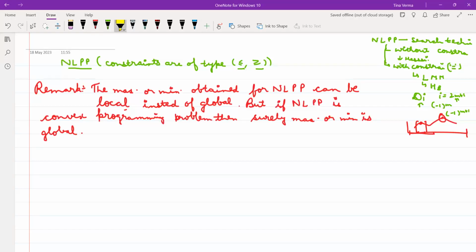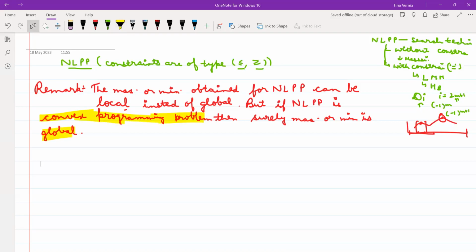Whenever we have to find the optimal solution, we always talk about the global. We cannot fix the domain, saying this is the maximum in this domain. We have to find the maximum from all the possible solutions. So if your non-linear programming problem is a convex non-linear programming problem, then your obtained maximum or minimum will surely be global.